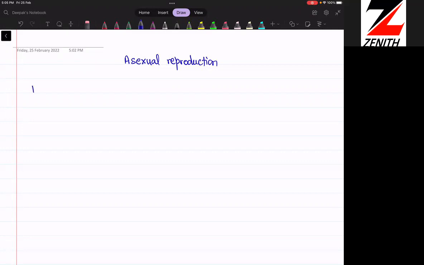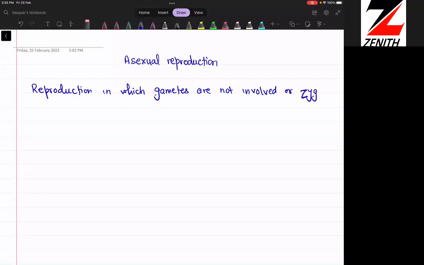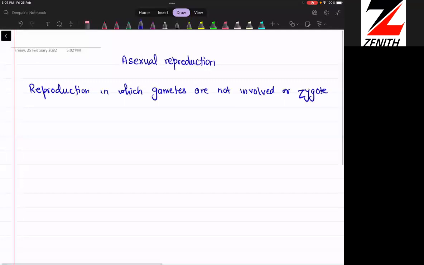So you'll say: reproduction in which gametes are not involved or zygote is not formed is called asexual reproduction.